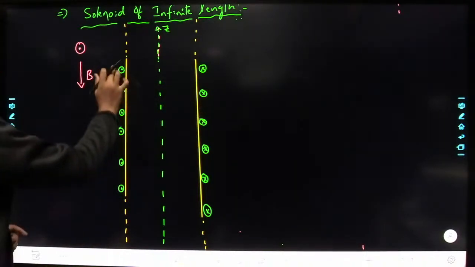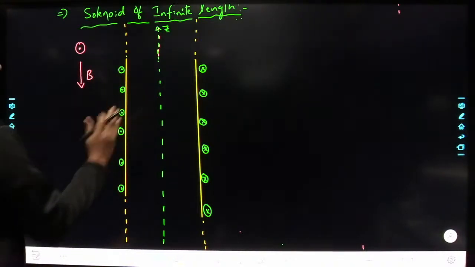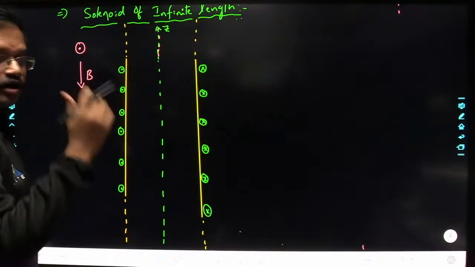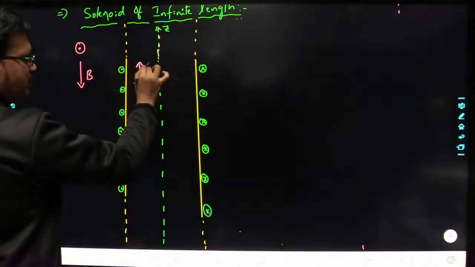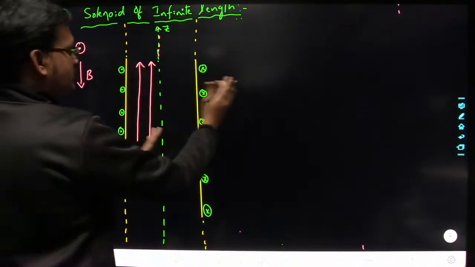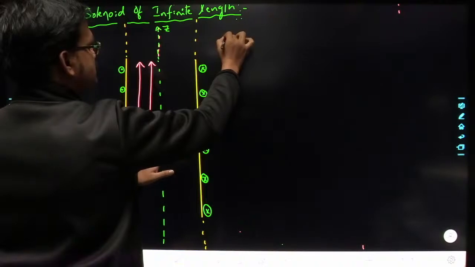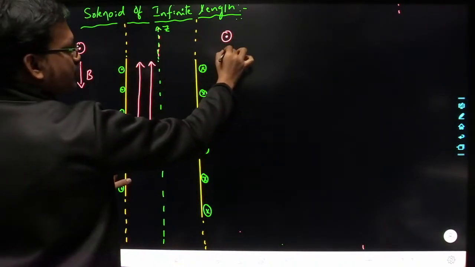Forget about this here. I am considering only these current elements. So due to these current elements, to the right of this one, the B field is going to point in upward direction. And outside the solenoid, due to this current element, the B field is going to point in which direction?